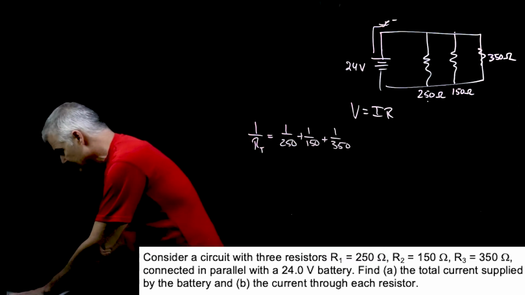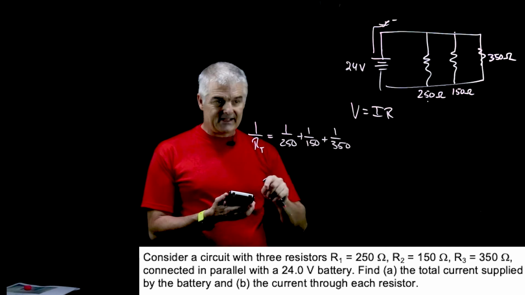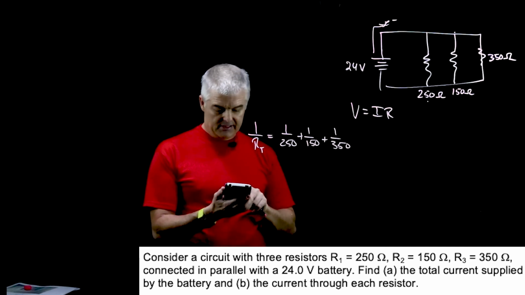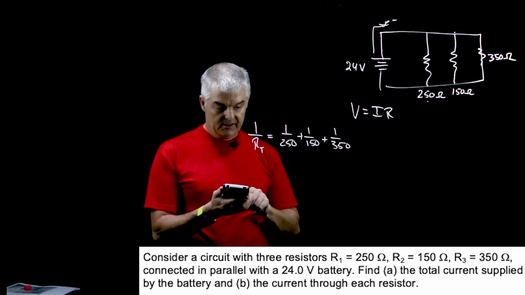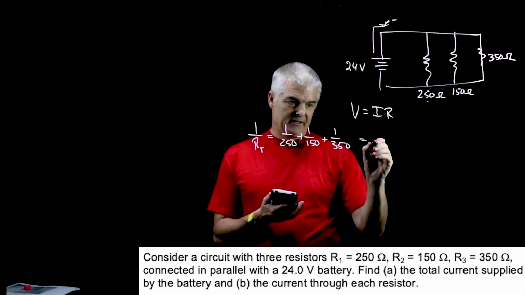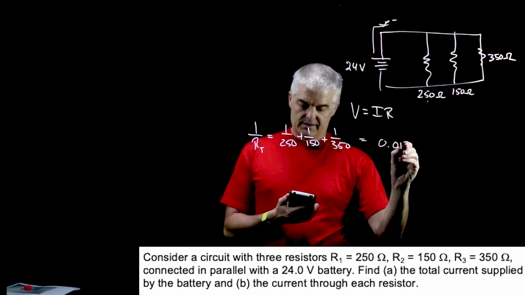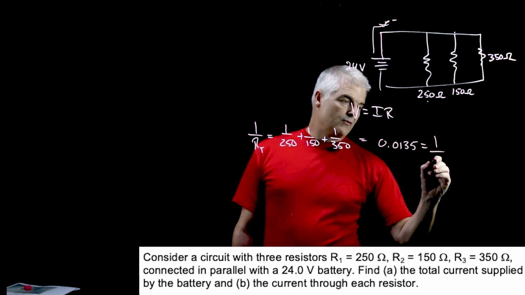Now I'm going to get my calculator. You can just write it exactly like that: 1 divided by 250 plus 1 divided by 150 plus 1 divided by 350. You can do all kinds of fractional stuff, but what I get is 0.0135. But that's equal to 1 over R total.